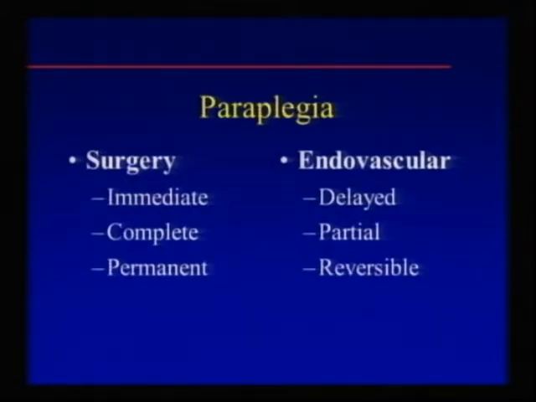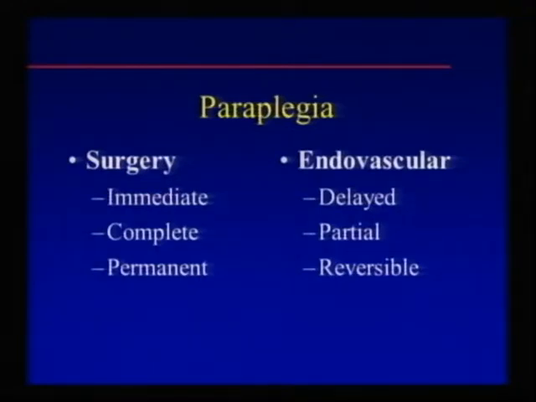The first lesson you learn is that you're not dealing with your father's paraplegia. Surgery is quite different in terms of its effect on spinal perfusion than endovascular. The cross-clamping of the aorta and the hemodynamic disturbances can all contribute to a situation where the patient wakes up paraplegic.